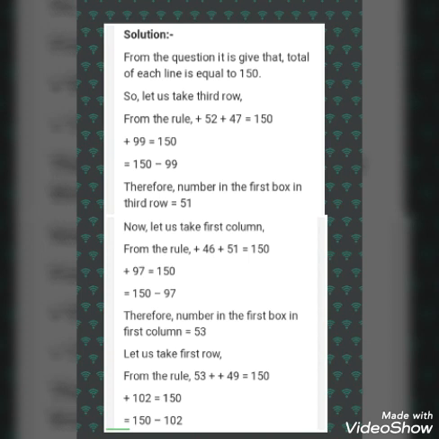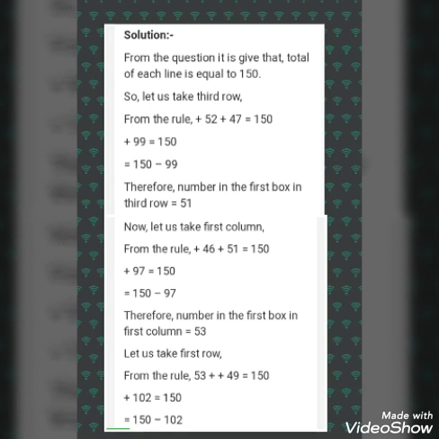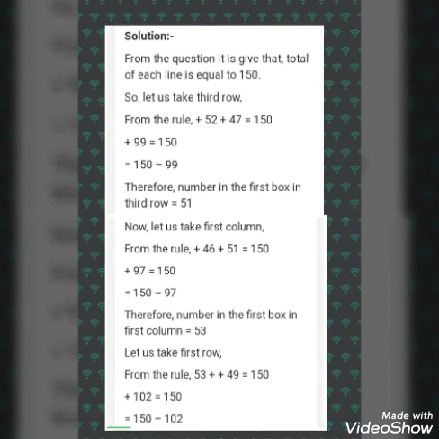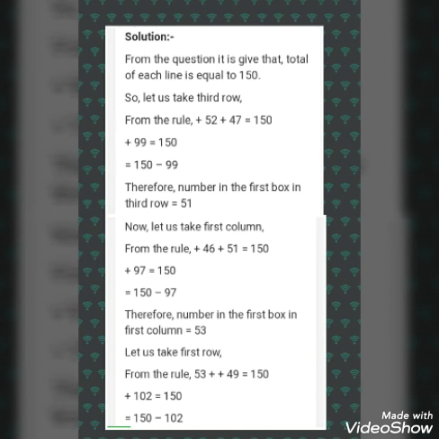So if dash plus 99 is 150, then dash means how much? Dash will be 150 minus 99. Therefore, the number in the first box in the third row would be 51. Have you understood? Because 52 plus 47 is 99, and if we subtract 99 from 150, we will get 51.